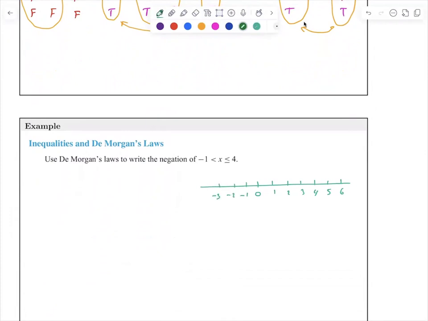It says we're looking at all the numbers x that are bounded between -1 and 4, and 4 is inclusive. In the interval sense, this is a half open, half closed interval, or the set of all x values, where x belongs to R, such that x is bounded between -1 and 4 inclusive.